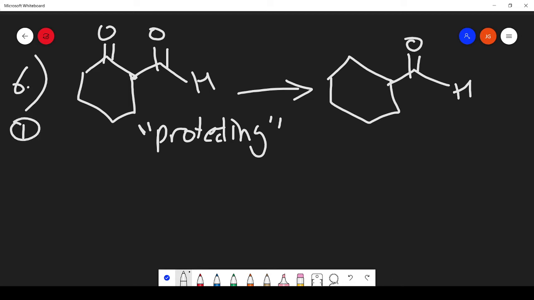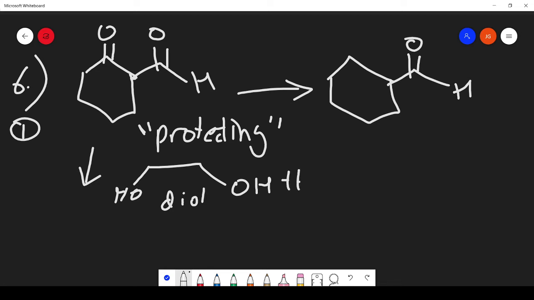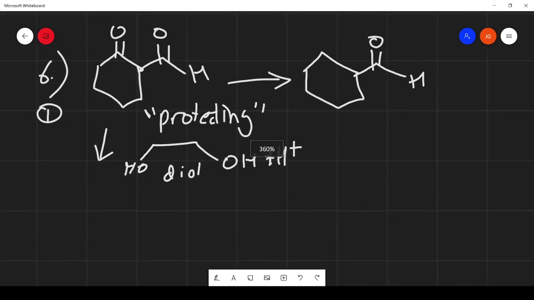And in this case, there are a few protecting groups we can use, but the easiest one for you is called a diol. This is called a diol. And we need to add it with H+. So we need a diol and H+.